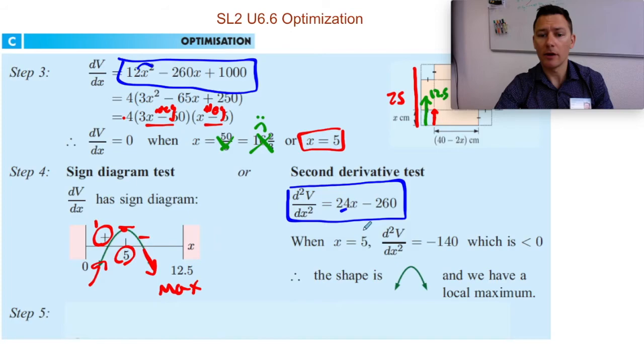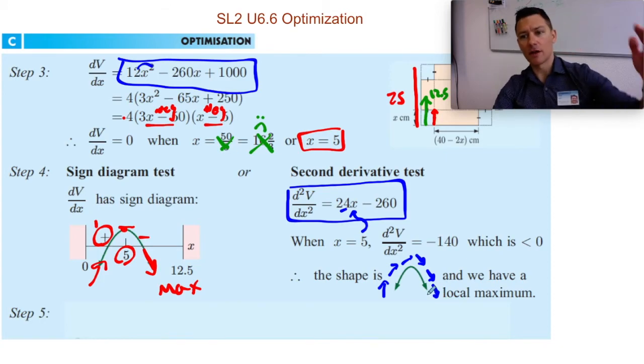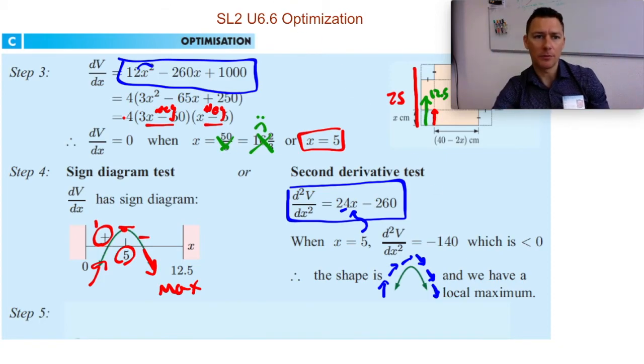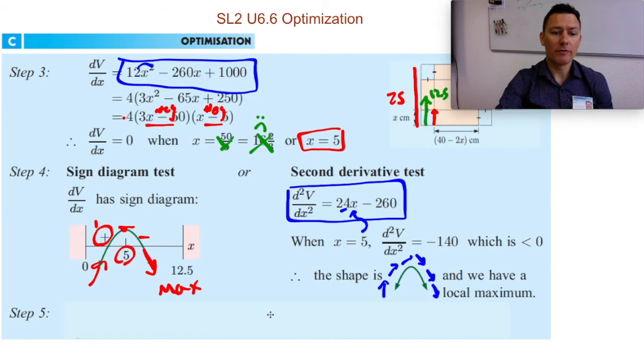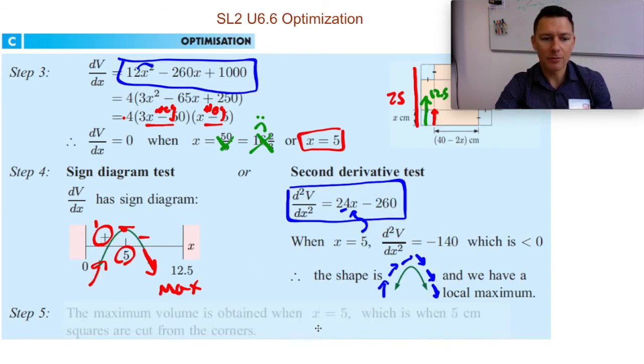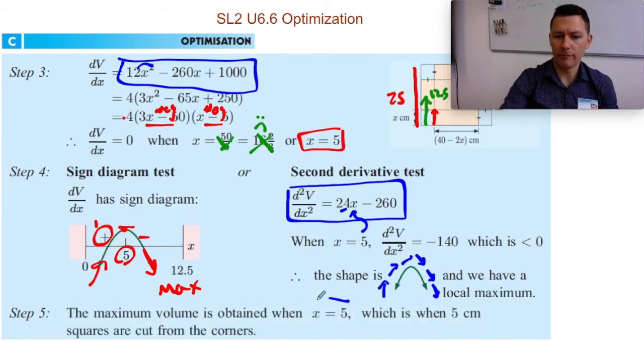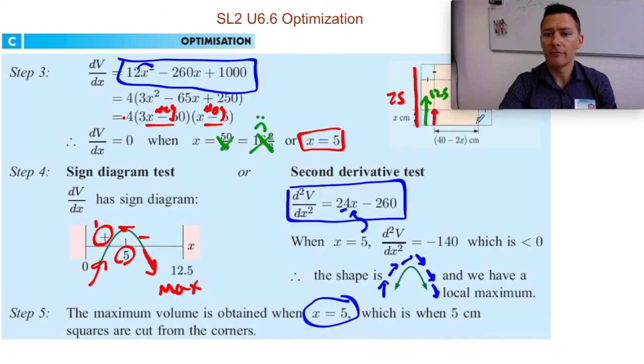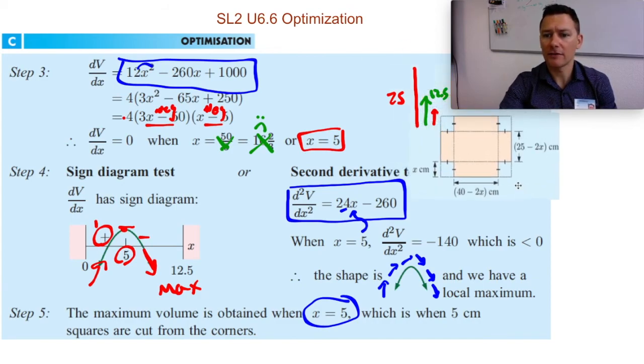So you'd plug 5 into here, and you'd get negative 140, which means the second derivative is negative, which means that the slope is going downhill. It's becoming more and more negative, right? Which means it's coming over the top. It's got to be a maximum. So either way, we've verified that 5 is a maximum, and we can say that our maximum cutout value should be 5 for that spot.